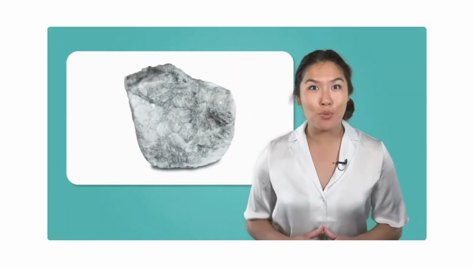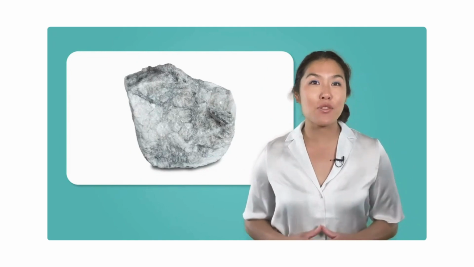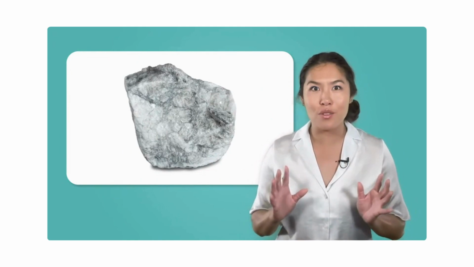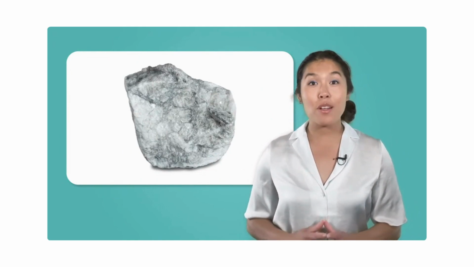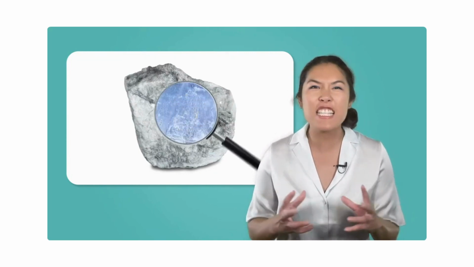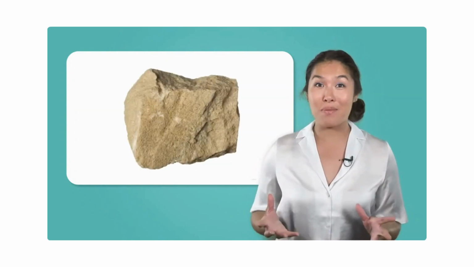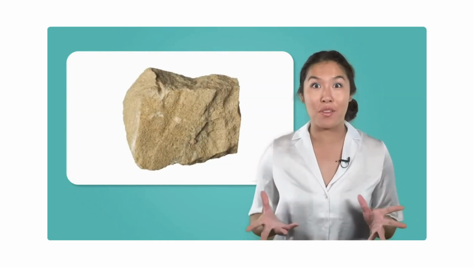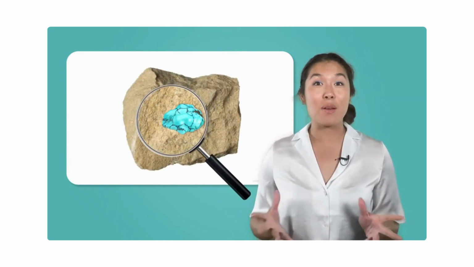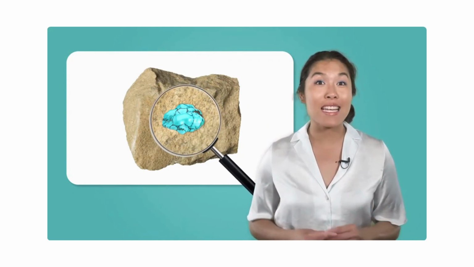So, these two processes often occur side by side, making sedimentary rocks that are flecked with crystals and gemstones. For example, gypsum is a sedimentary rock made up of tons of teeny tiny selenite crystals.